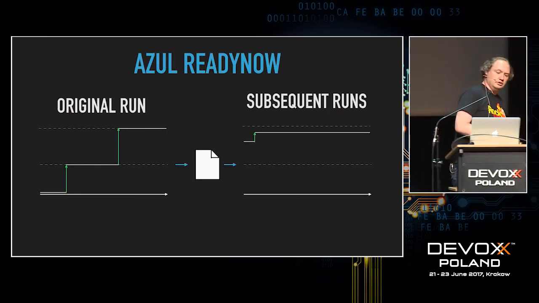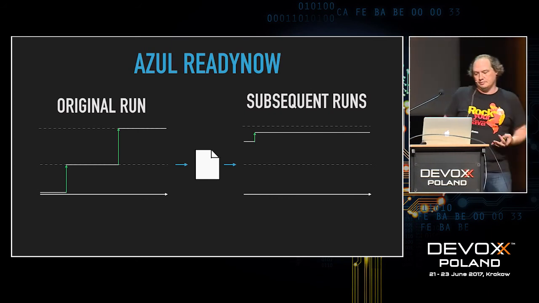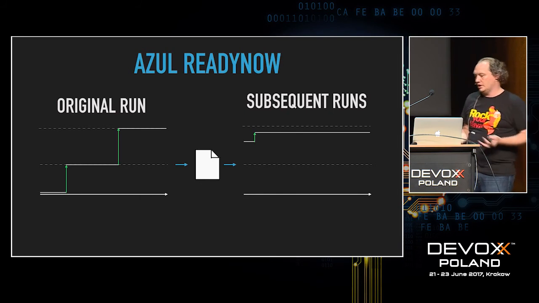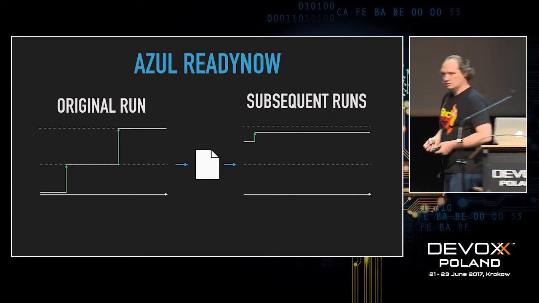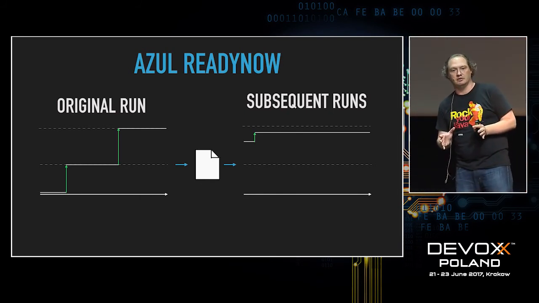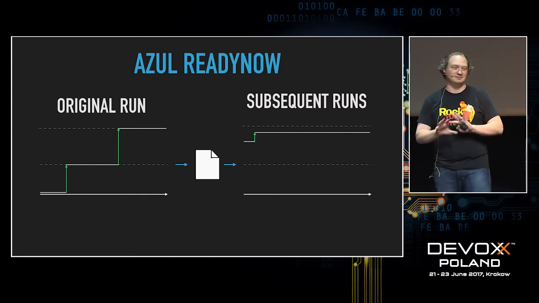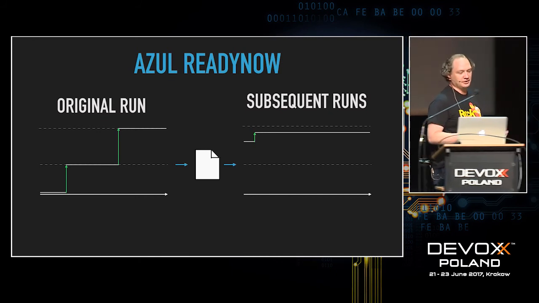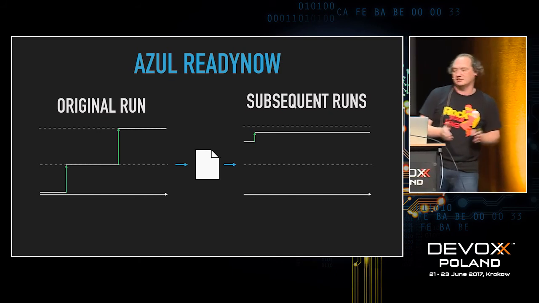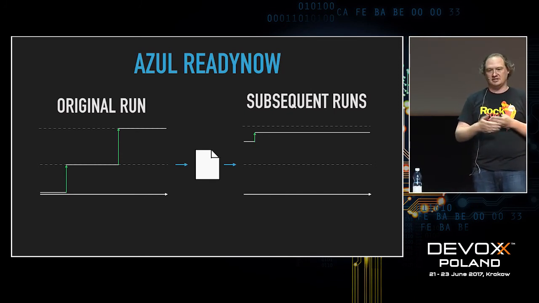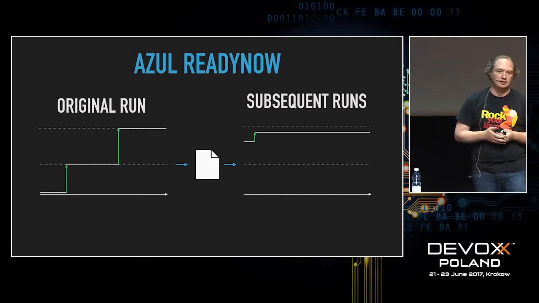What we've done at Azul is we've actually done something a little different. We take all that profile information and information about what got compiled, what was hot, and we do something brilliant. We put it in a file. I know. Yes, this is what I get paid for, putting things in files. And then we read that back in again, and we use that to basically start from the same spot.